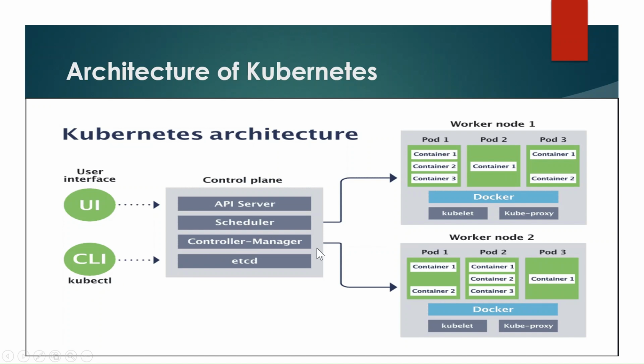The next one is control manager. The control manager continuously checks if everything is running as expected. If something goes down, it steps in to fix it and makes sure the system stays in its desired state. The next one is etcd. etcd keeps track of everything that is happening in the cluster, including configuration and settings.